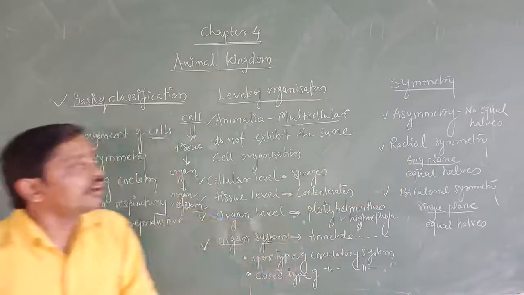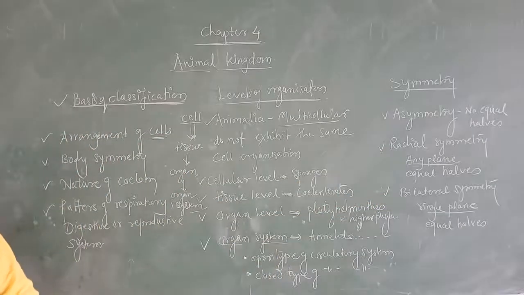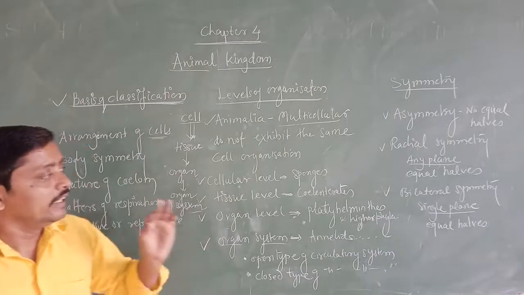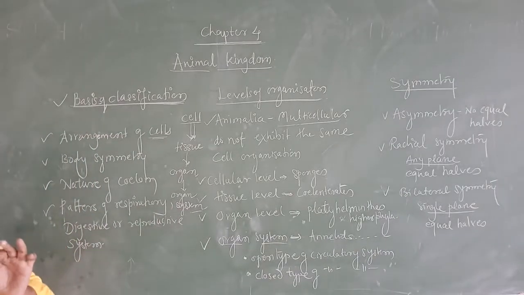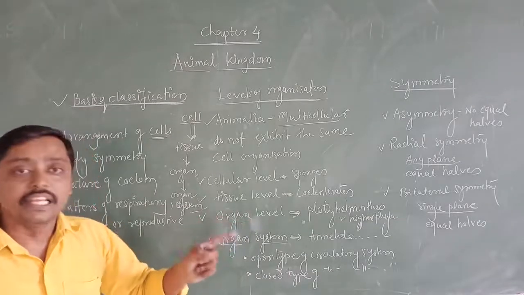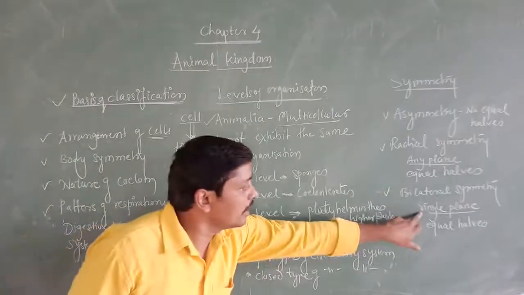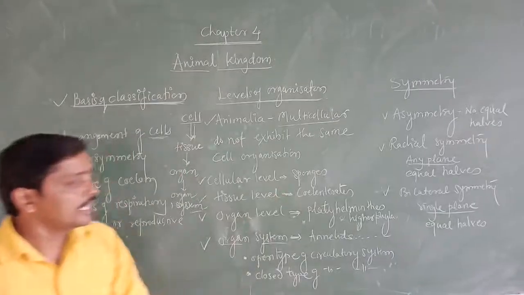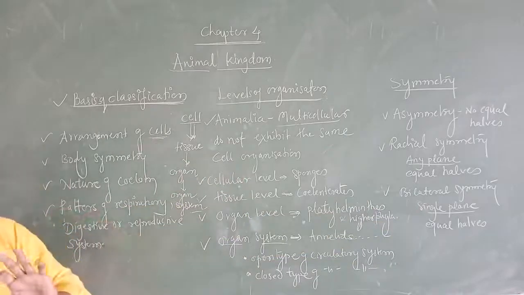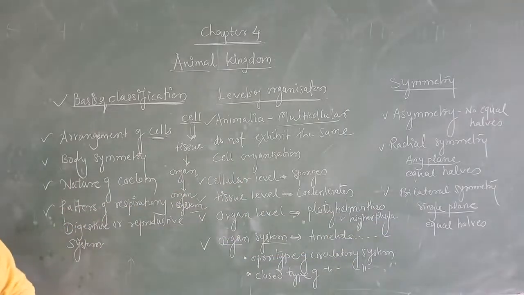That time we call it radial symmetry. And when we study bilateral symmetry, when the organism is cut in a single plane which is passing through the center, then we get two equal halves, and such a type of symmetry is called bilateral symmetry.